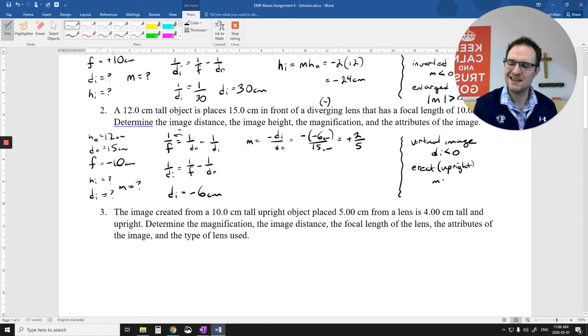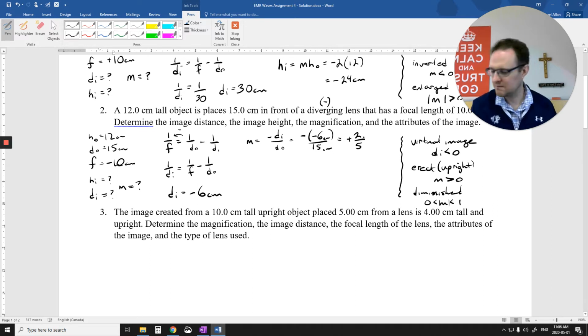Oh, sorry, that's the wrong one. This is erect because the magnification is positive. Okay, it's diminished, right, because the magnification is between 0 and 1. There, we're talking about the absolute value again. Okay, so it's 0.4, so I'm multiplying my HO by that 0.4 to get to my HI.